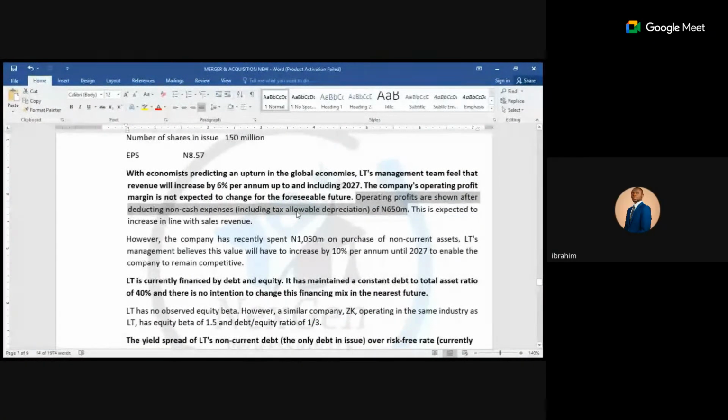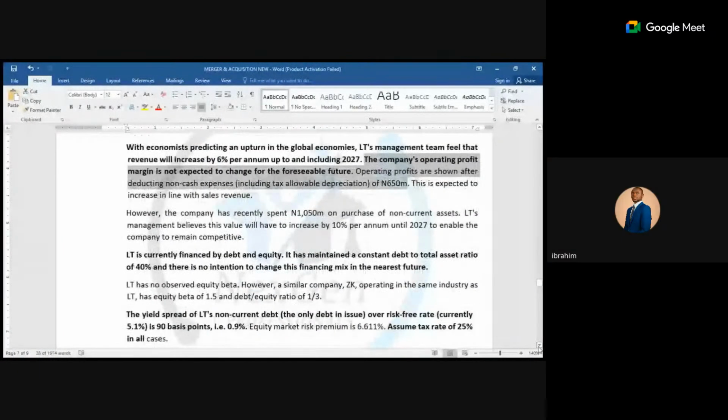Something should come to your mind here that your add-back depreciation will increase in line with the revenue, 6% per year, in line with the sales revenue, right? I hope you take note of this part. The revenue will increase, the operating profits, as well as the non-cash expenses.